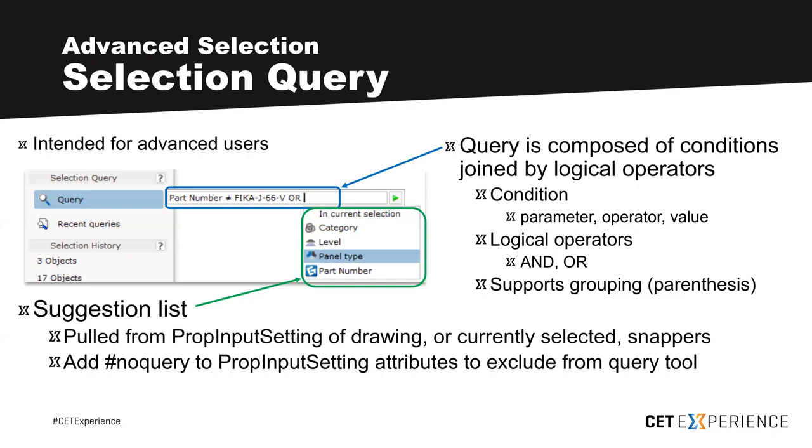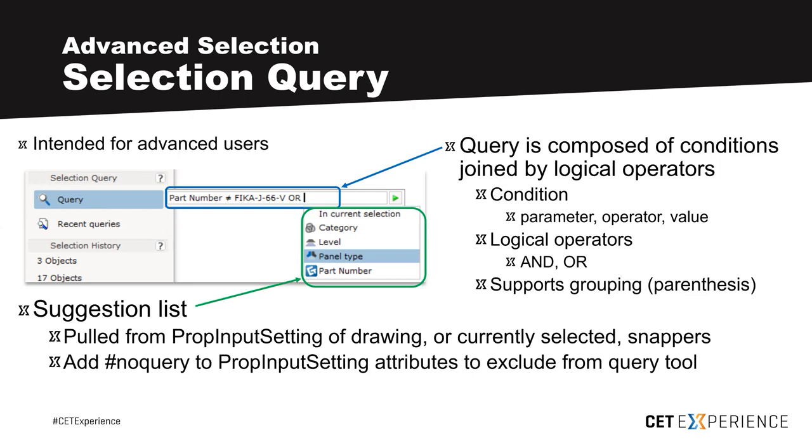A lot of these parameters you see in this dropdown are going to be pulled from the prop input settings on prop defs of snappers in the drawing. So if you have animation properties and quick properties using the new core properties functionality of prop defs with prop input settings, then by default, we are going to take those and use those as query parameters.